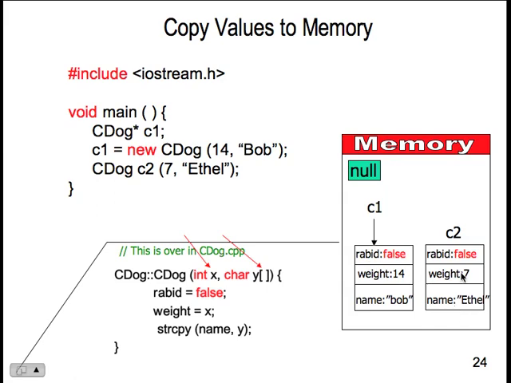So we have 2 separate memory locations that are allocated, one for C1, one for C2. And 2 different ways of actually creating it: creating the pointer and making it a new, or just creating a regular old variable without using a pointer. So you don't actually have to use pointers in this. If you use a pointer, you can allocate and deallocate. If you don't use a pointer, you can't deallocate.